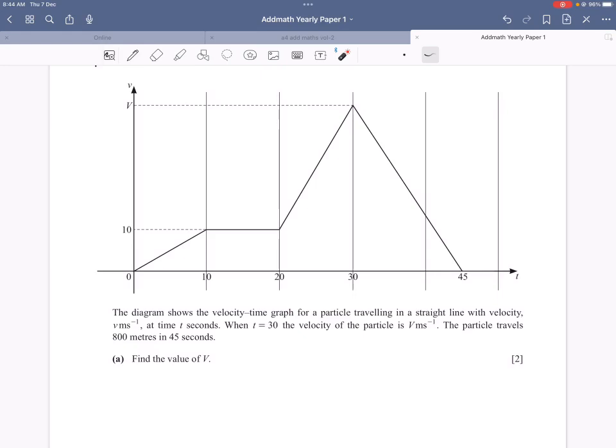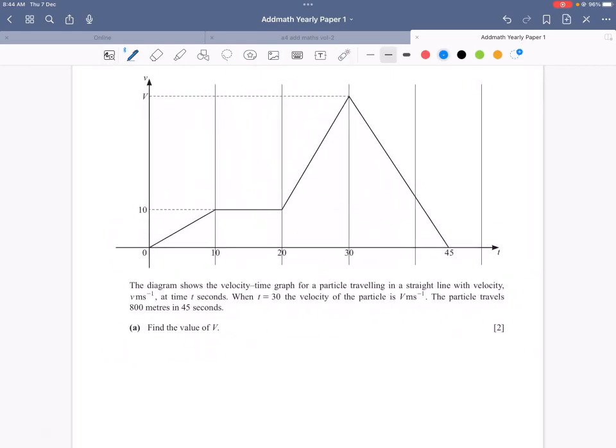Alright. We have the total distance that the particle traveled, a total distance of 800 meters. And we have the value here, it's 10. Alright, so we need to apply the distance-time approach here. That means we need to find the area. So firstly, I will construct different shapes here.